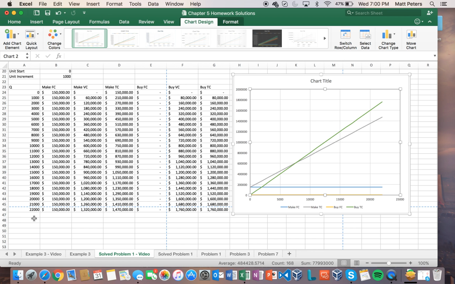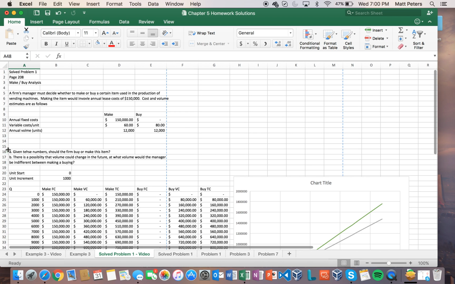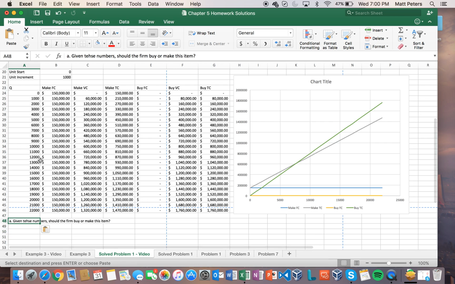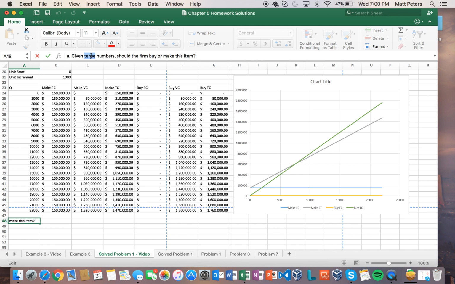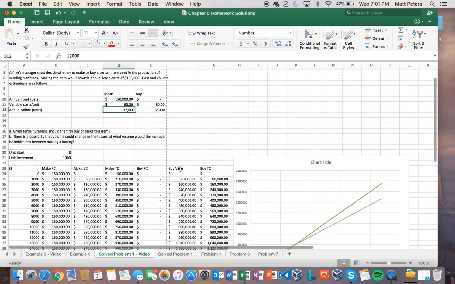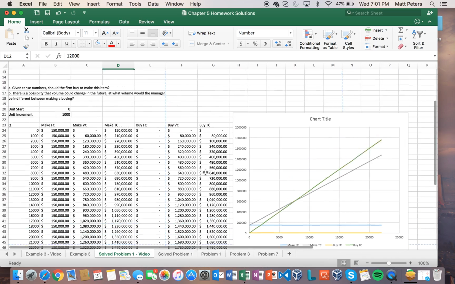Okay. So let's look at our question. I'm going to copy these down here. So given these numbers, I'm going to fix my misspelling here. These numbers, should the firm buy or make this item? Okay, so we were expecting 12,000 units.